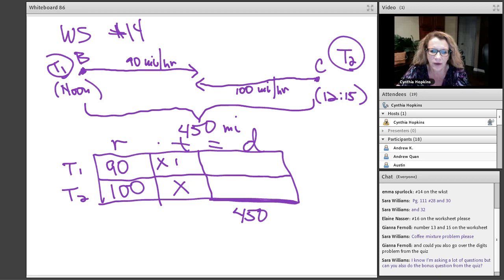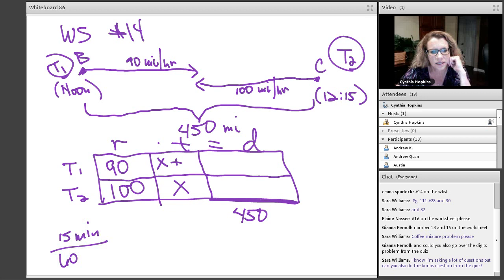But I can't write x plus 15, because that would imply x hours plus 15 hours, and we don't mean that. The time is in hours because look at our rate, it's in miles per hour. So instead of writing 15, which would imply 15 hours, I mean 15 minutes. And isn't that 15 minutes out of the 60 minutes that are in an hour?